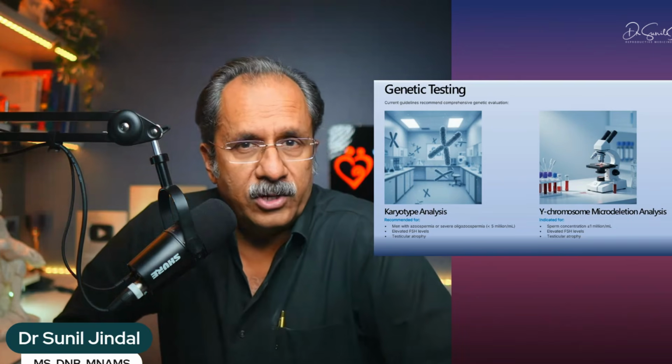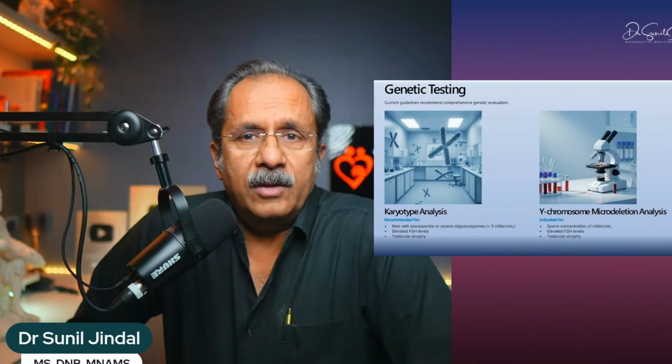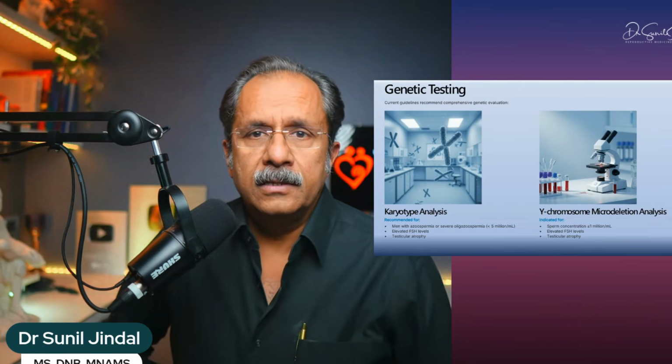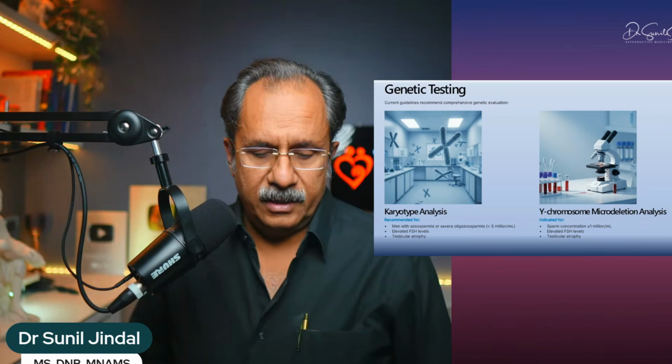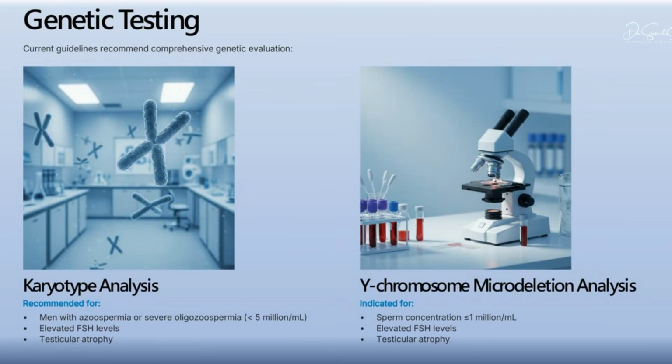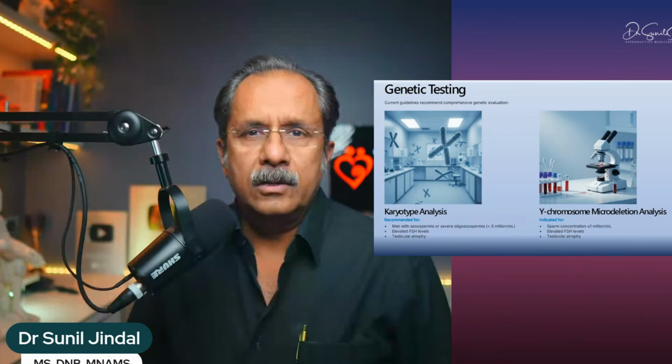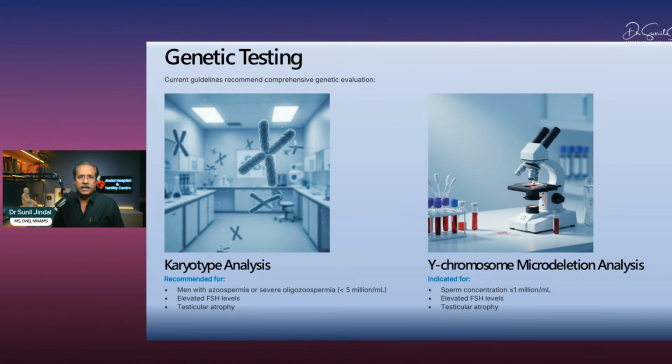One is karyotyping. Now, when will you get a karyotyping done? You will get a karyotyping done when the man is azoospermic or his sperm count is less than 5 million, when the FSH is raised and the testes are small.